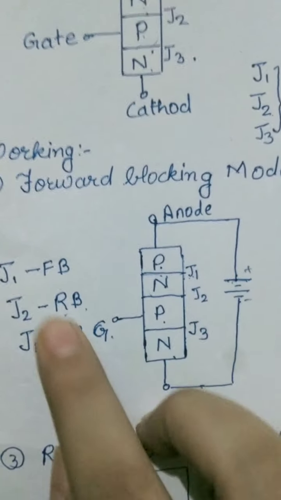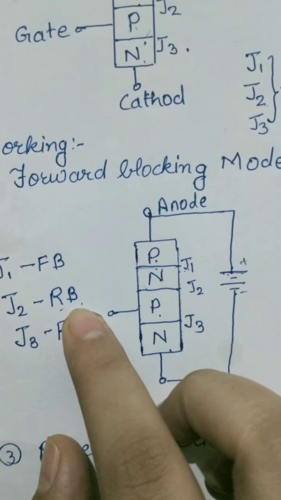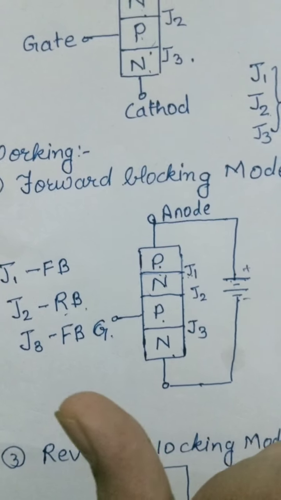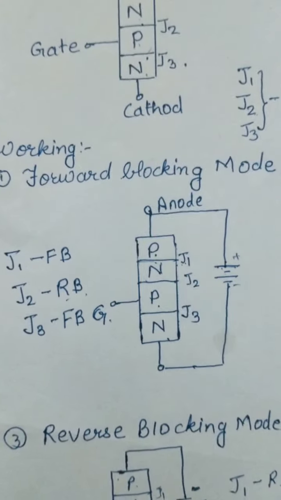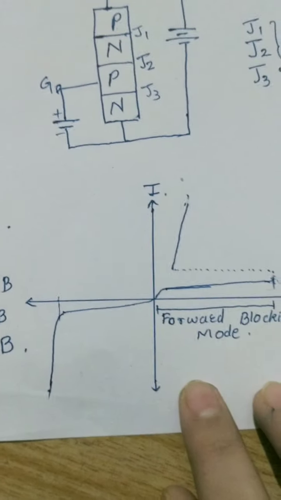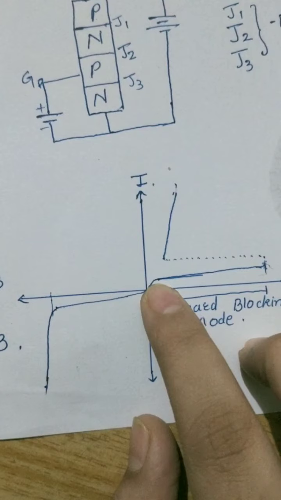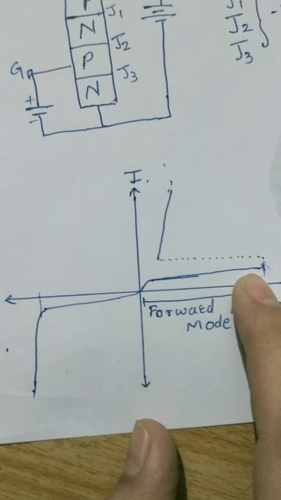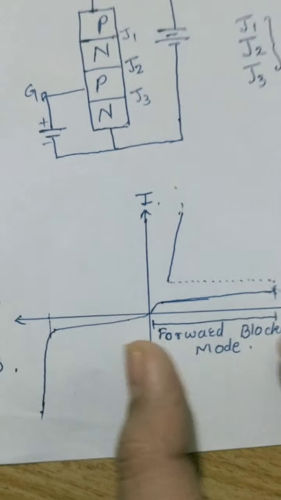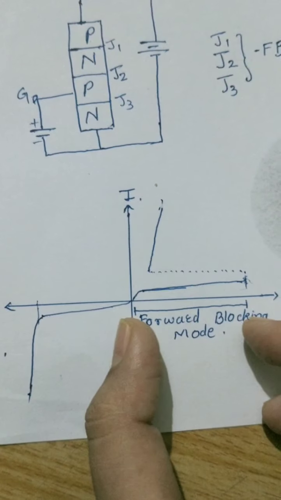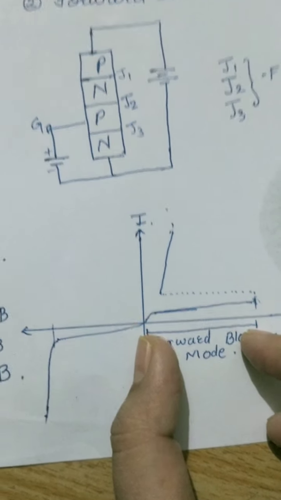But even though J2 is in reverse bias, a small current will flow in the SCR. That's why in the VI characteristics a small amount of current flows in the SCR, and this is the forward blocking mode.